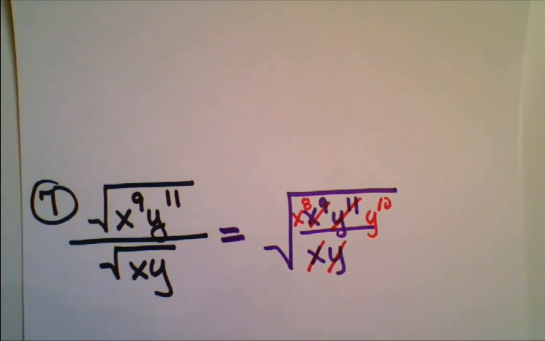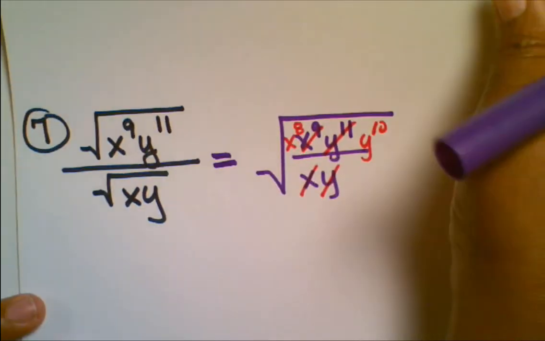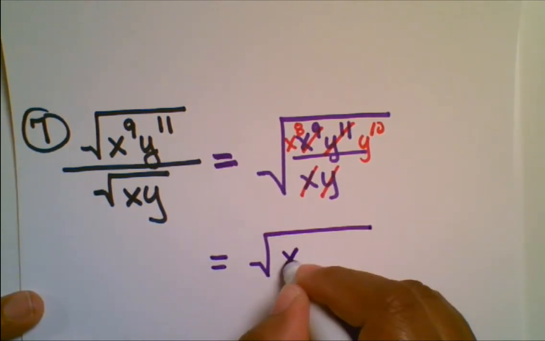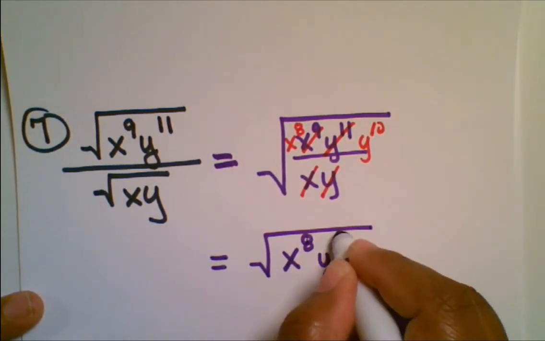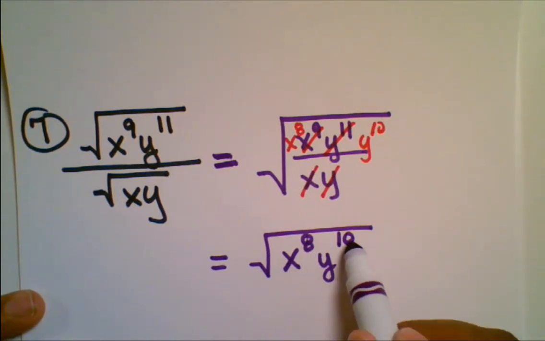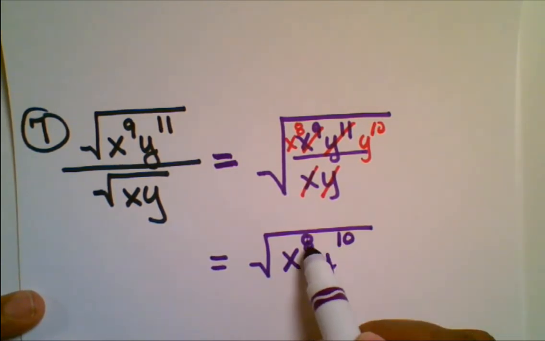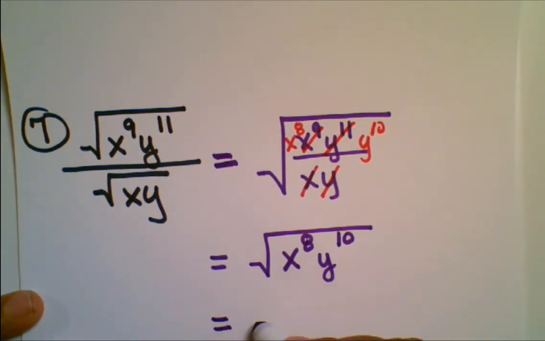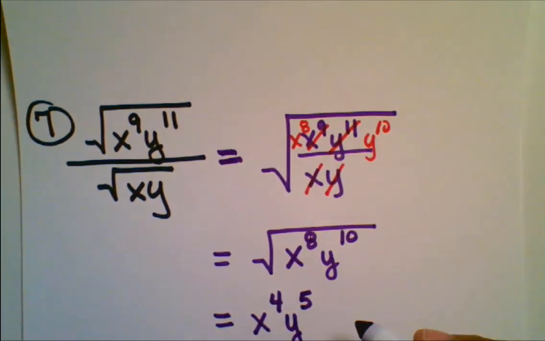So now under the radical sign, we have the square root of x to the 8th, y to the 10th. And x to the 8th, y to the 10th, they are perfect squares because 8 and 10 are multiples of 2. So our solution is x to the 4th power, y to the 5th power.